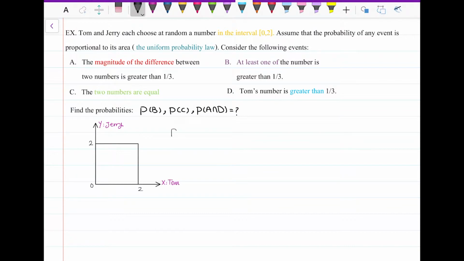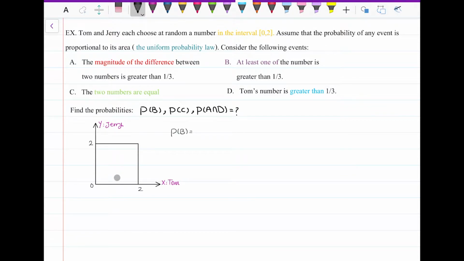So I'm going to start with the probability of B. First, I'm going to graph the sample space, which is the square of size 2. Each side is 2, because X would be the number that Tom chooses, and Y would be the number that Jerry is going to choose.